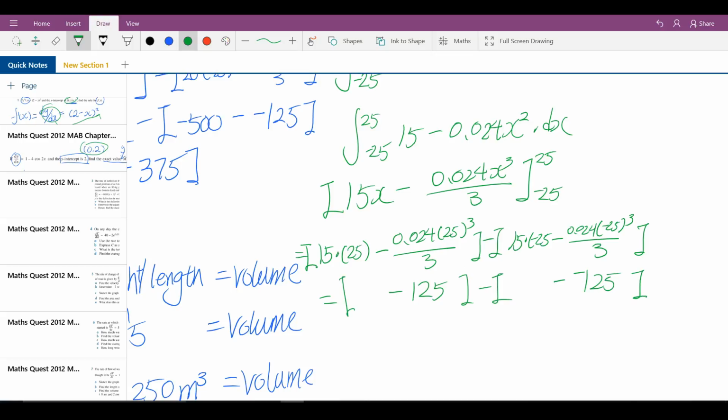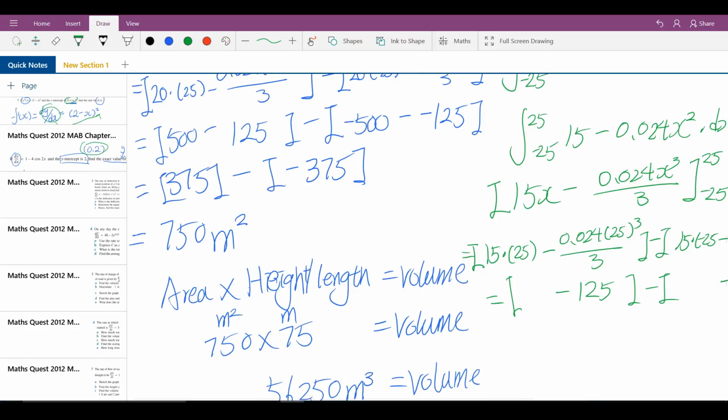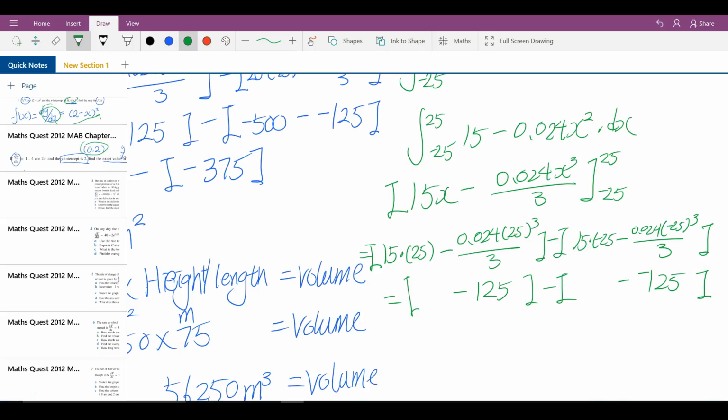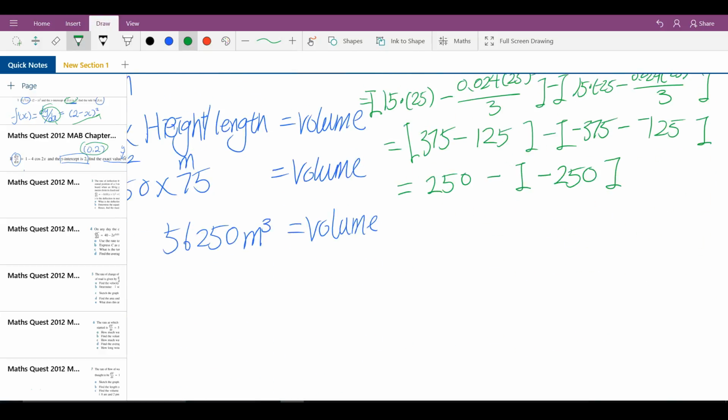So all I have to find out is just 15 times 25. 15 times 25 is 375, and this would be negative 375. All right, so that would give us 250 minus, so that is negative 375 plus 125, that will be negative 250. And now just minus negative, just plus them together, 500 meter square.